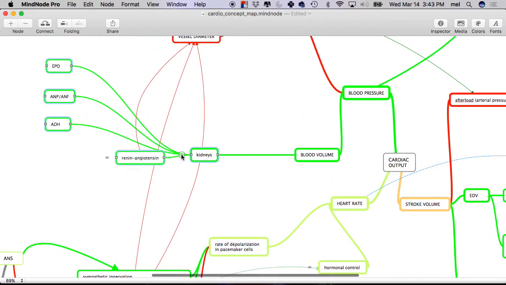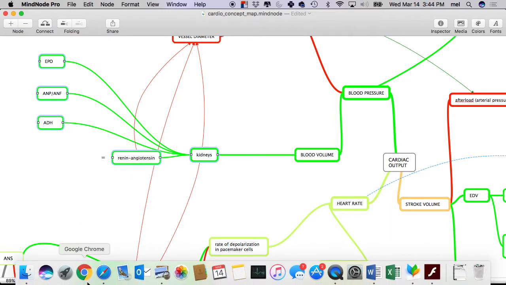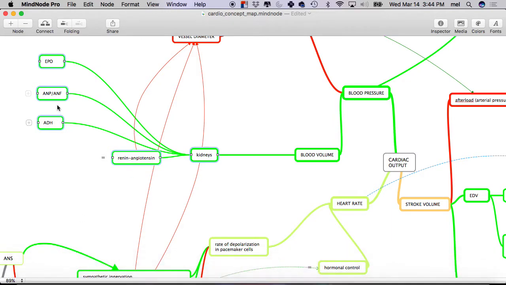So let's talk about your kidneys. Your kidneys have the capacity to control your blood pressure by 3 hormones that we just barely talked about. EPO coming from the kidneys, and ANP or ANF going to the kidneys, and ADH going to the kidneys.